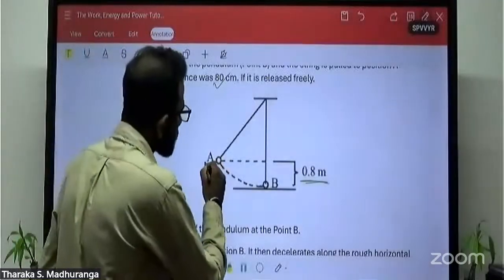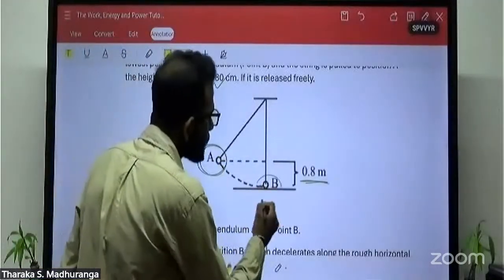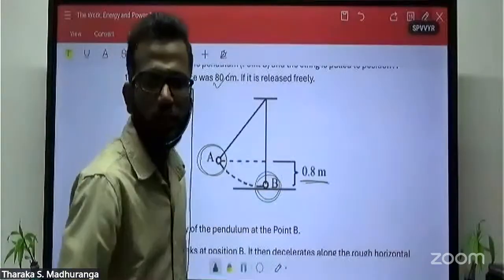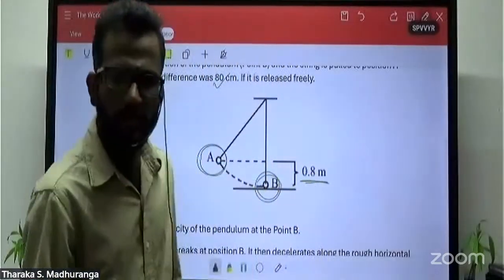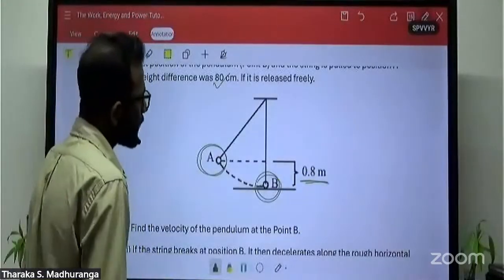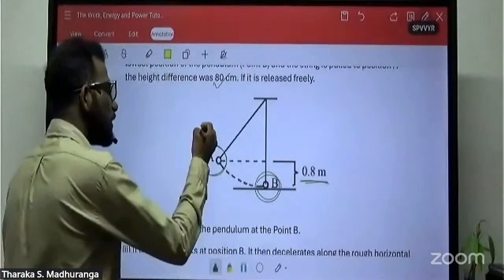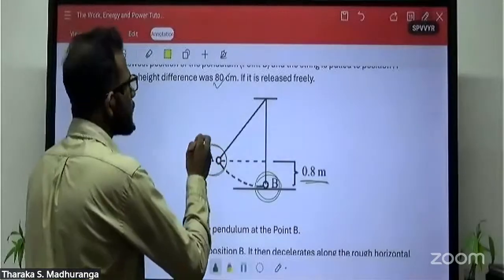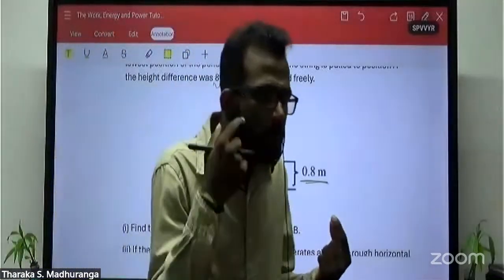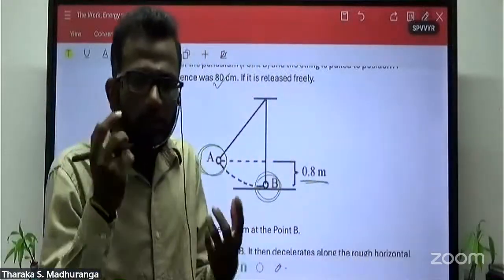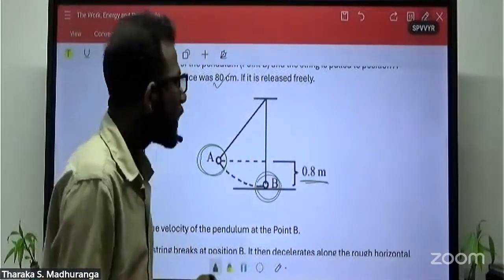Then from point A to point B, that's a closed system. Therefore, the total mechanical energy at point A and point B is a constant value. At point A, it is released freely, so the starting velocity is 0.